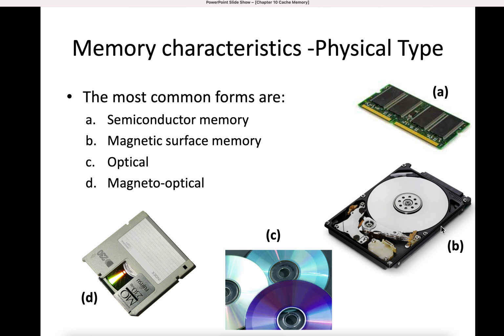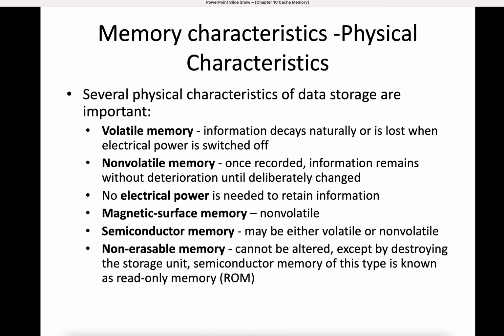Then we have the magnetic surface memory, which refers to the hard disk, and then we have the optical form, which is for our CD-ROM, and finally the magneto-optical, which we refer to as a floppy disk, which is not being used anymore in our current computer configuration.